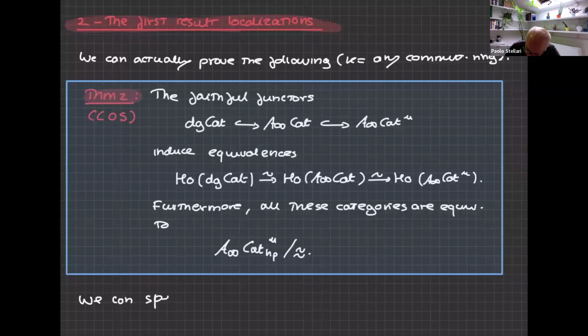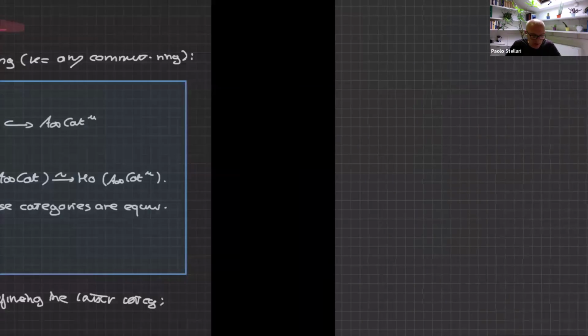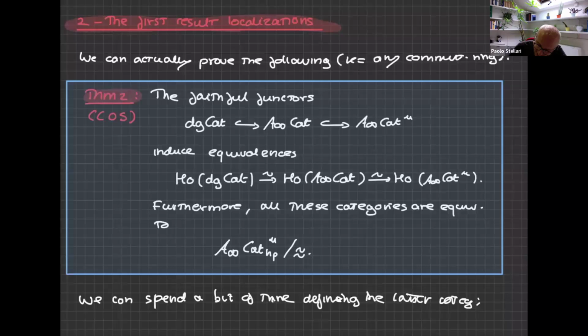So let's see. First of all, the category has at least a couple of decorations that must be explained. First, there is this HP down here, and then there is this relation that appears in the quotient.